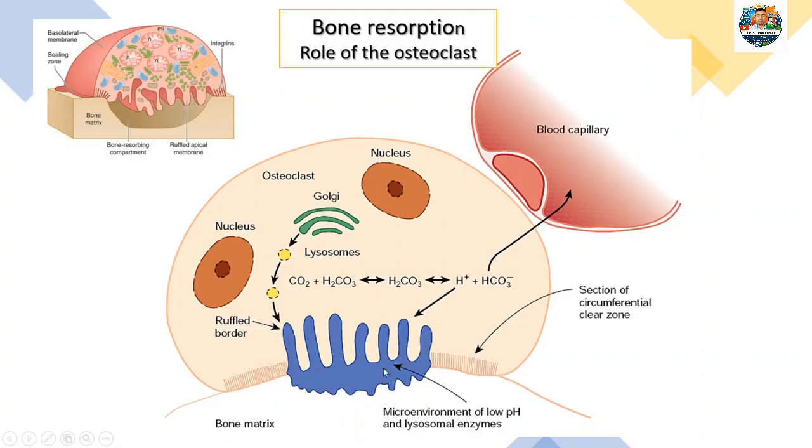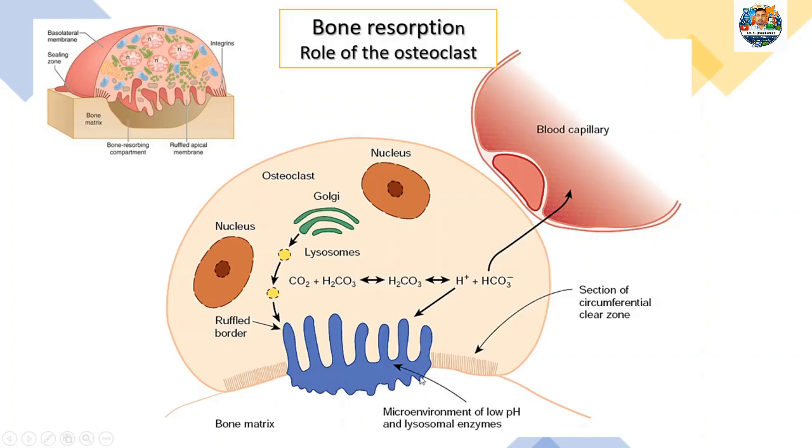What happens is that this compartment will be acidified by pumping protons into the sealed region. At the same time, lysosomal enzymes will be released into this sealed compartment. The low pH, because of the pumping in of protons, will lead to the dissolving of the inorganic components, that is calcium and phosphate salts, whereas the collagen will be hydrolyzed by proteases which are active at low pH.